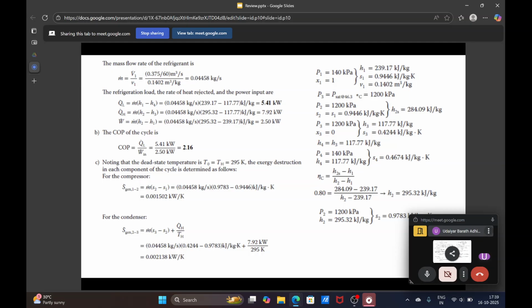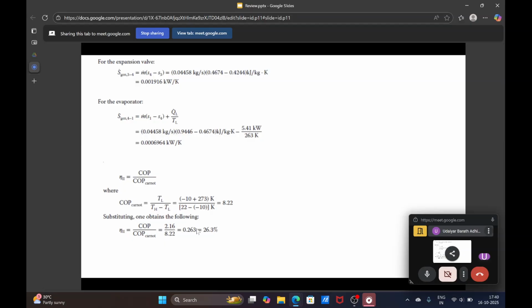QH we have calculated as 7.92, and this is rejected to the ambient, which is at 22 degrees Celsius, that is 295 Kelvin. Substituting, mass flow rate 0.04458 multiplied by the entropy difference plus 7.92 divided by 295 gives you entropy generation in process 2 to 3 of 0.002138 kilowatt per Kelvin.